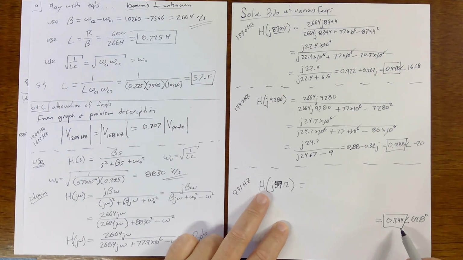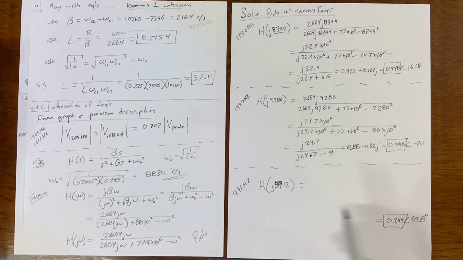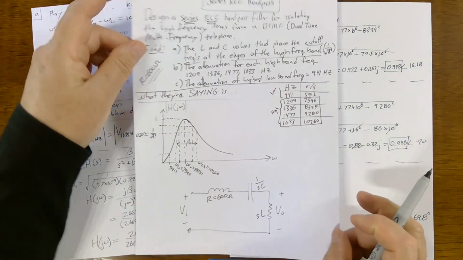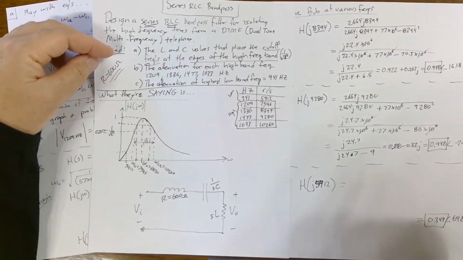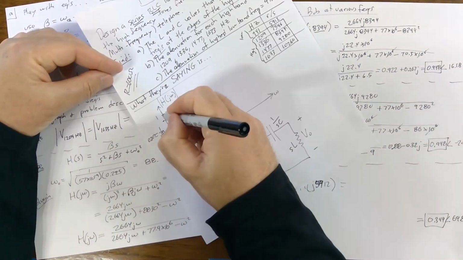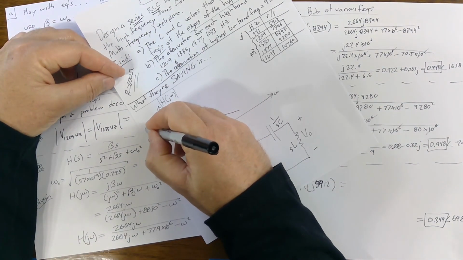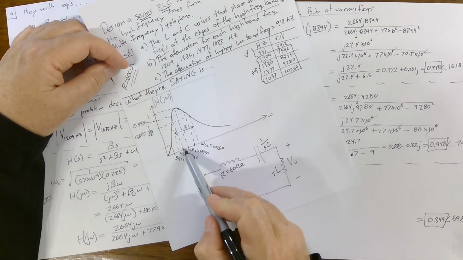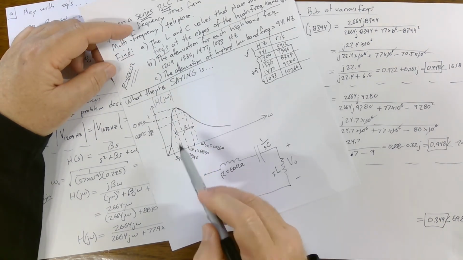And then the filter is trying to filter out this guy, and you can see by the attenuation that it's much, much lower. If we stick these on the plot, these two middle band frequencies, they're 0.948.